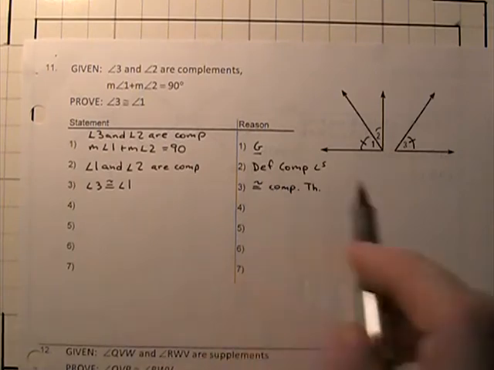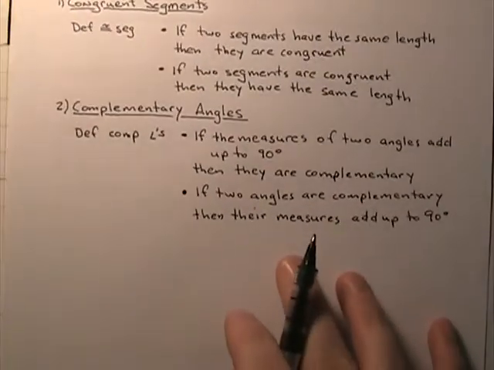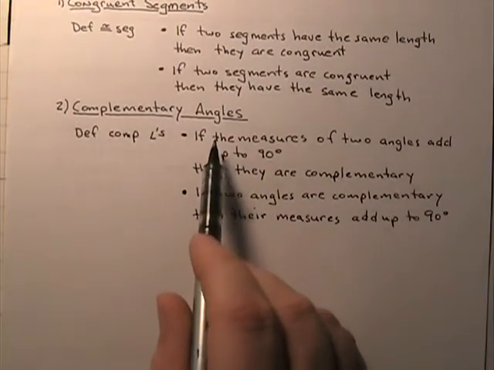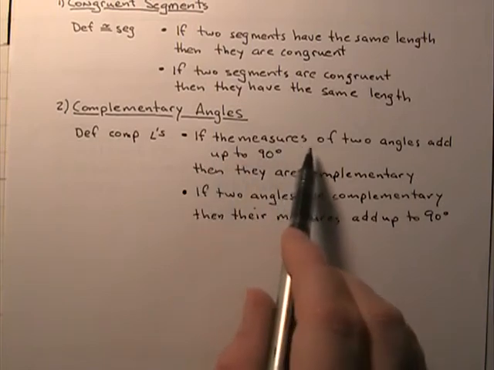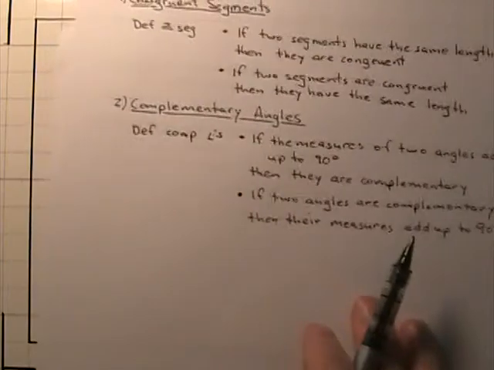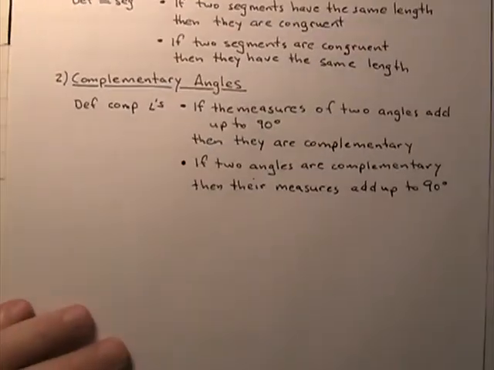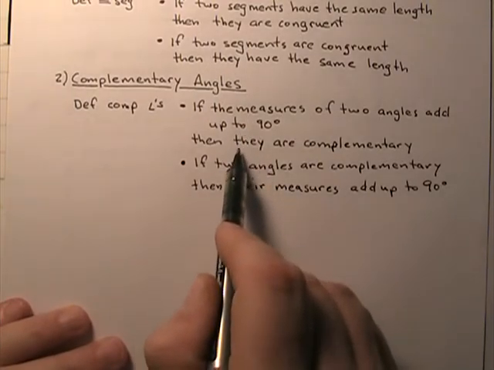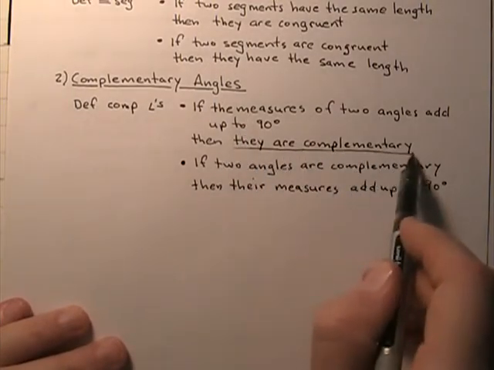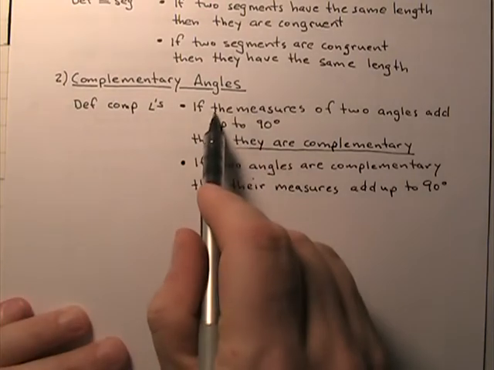Okay, so maybe you don't understand how I made that leap. So what I would do is I would go to my definitions page and I would look up, okay, there's complementary angles, and I've got a couple definitions. It's an if and a then they're complements. So this one I did conclude they were complements, so I must have used the first part here of the conditional. And what you should do then, since this is my conclusion that you've seen me make, look up and see if you can find where the hypothesis is.